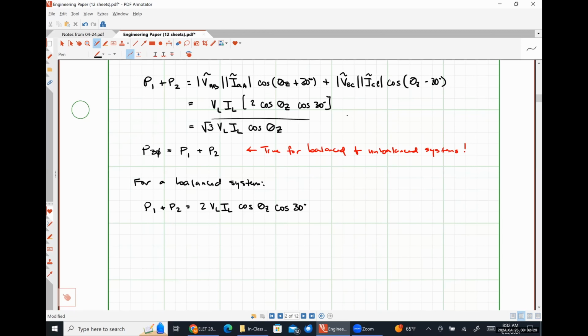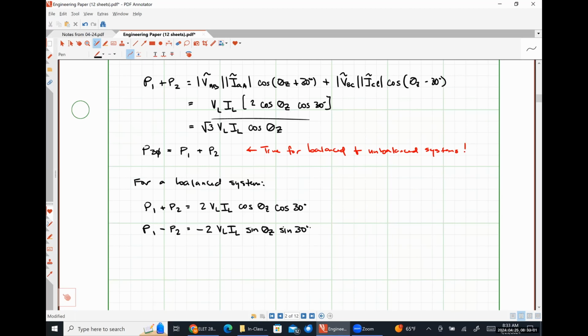That's literally from right up here. P1 minus P2 is going to come out as -2 VL IL sine theta z sine 30. I'm going to show you in a second why we're expressing it in this way.